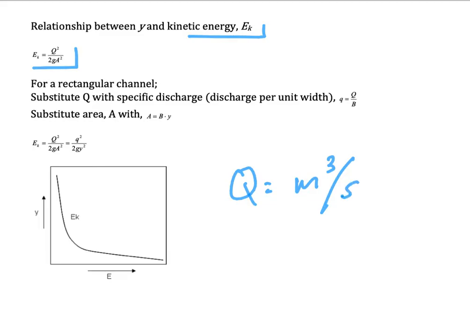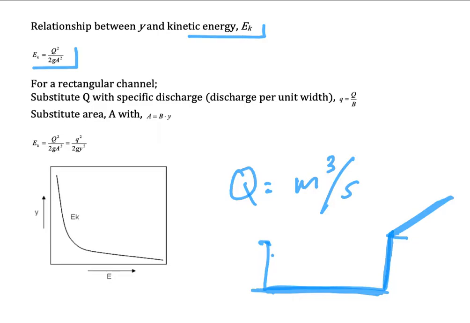The unit for Q is meter cube per second. So let's say we have a channel here. We need to know the width of the channel, the height of the channel, and at the same time the length of the channel. If not, we cannot get meter cube.